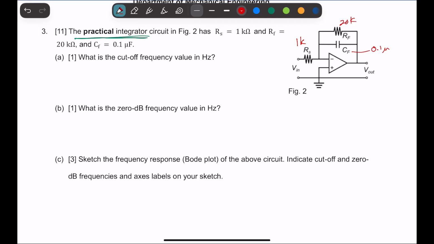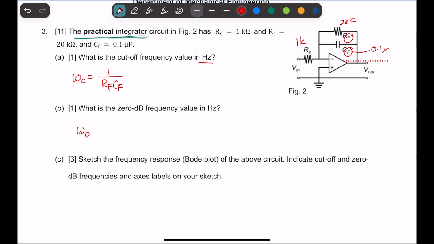And what's the cutoff frequency, in hertz? So the cutoff frequency, omega cutoff, is 1 over RF CF. If you remember, I told you guys the cutoff have the same subscripts.